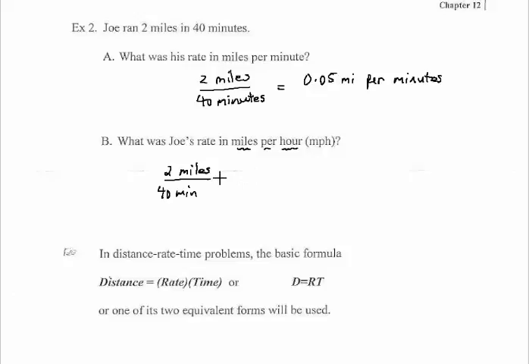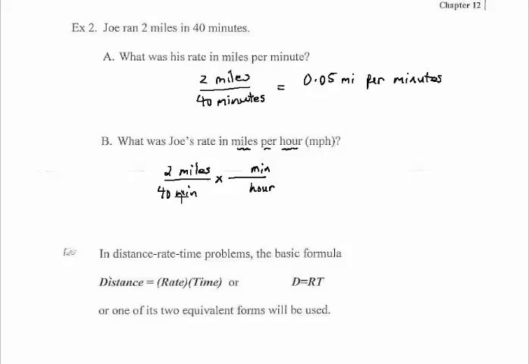Now what we can do is multiply by a conversion factor here, and that's simply going to be another fraction. If we want the minutes to cancel out, then we're going to put minutes on top of our conversion fraction, and then we just put the unit that we want on the bottom.